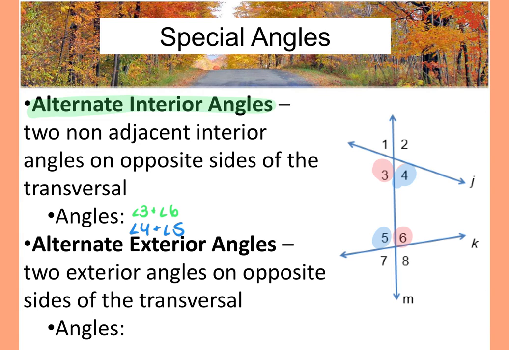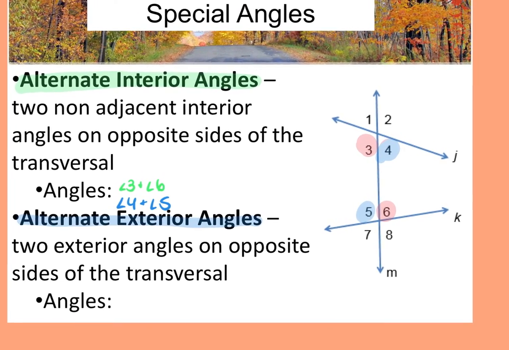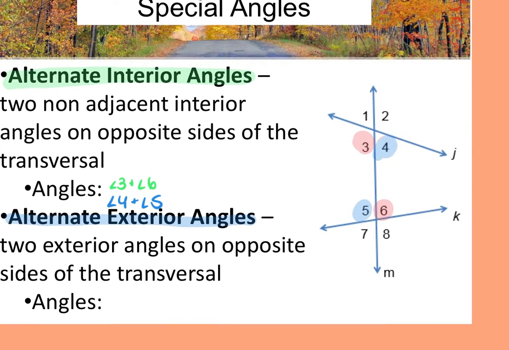The alternate exterior angles are, again, not next to each other, and they are on opposite sides of the transversal on the outside.